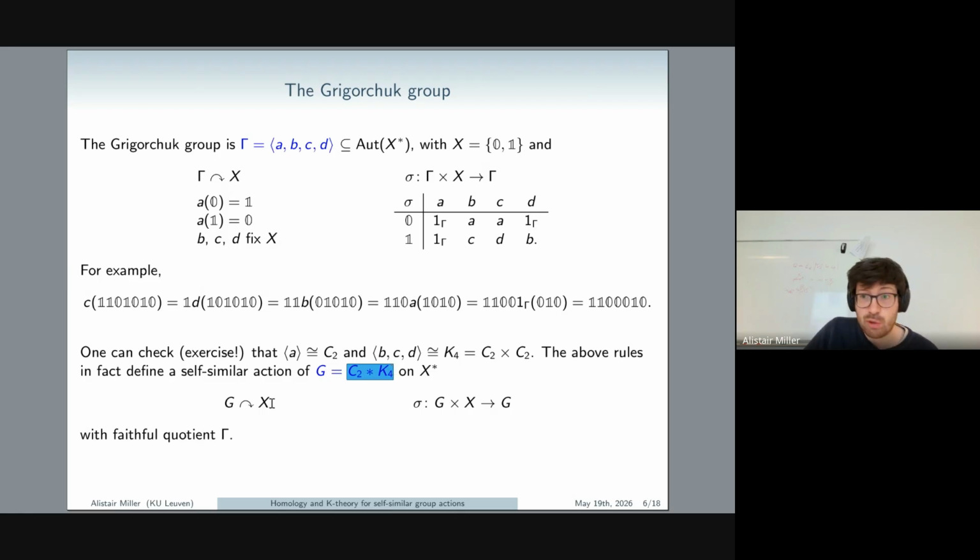But this is going to be crucial for us when we want to compute the homology of our groupoid that we build and the K-theory of the C-star algebra. Basically because this free product group here is so much easier to work with than the Grigorchuk group.